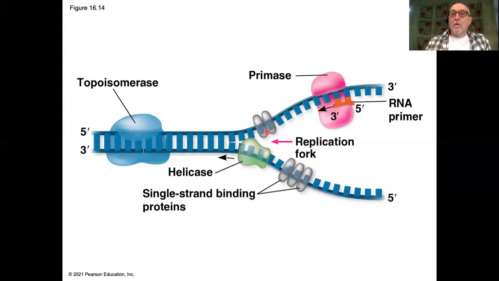So as helicase splits these strands apart, they get stabilized by a set of proteins called the single-strand binding proteins. They protect it from digestion, but they also stop it from reassociating, because it'd be very easy for these bases just to reassociate with one another. Instead, they're kept apart by the single-strand binding protein.